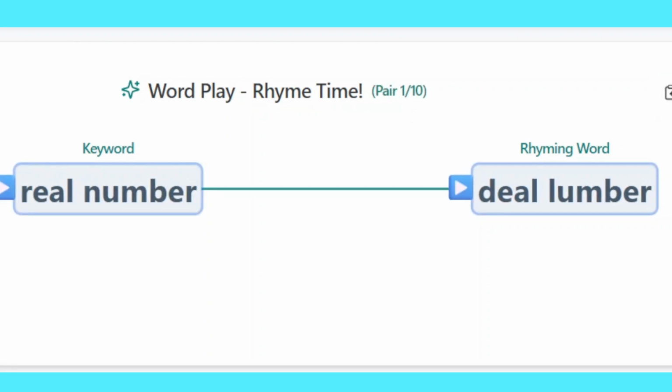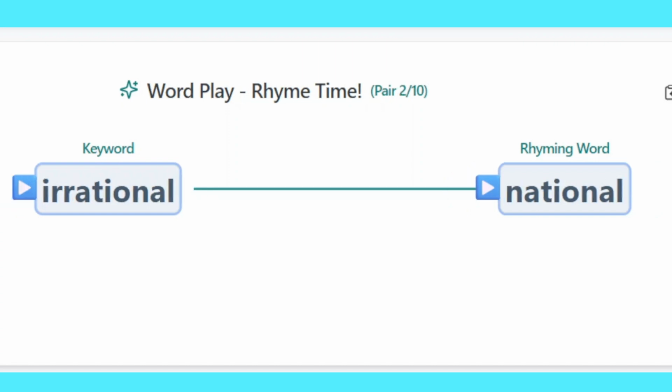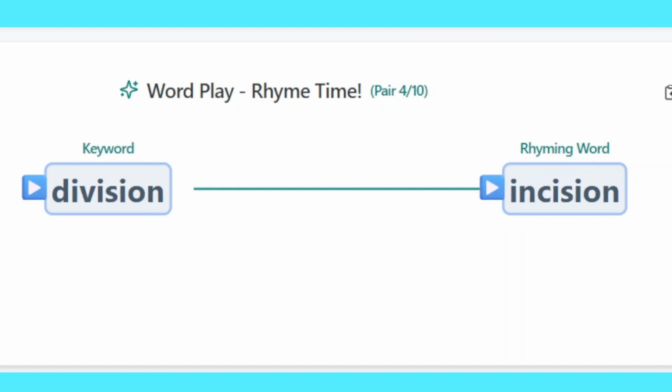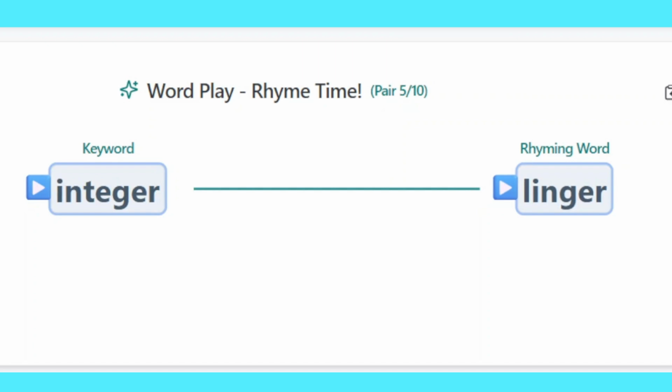Real number. Irrational. Rational. Euclid. Division. Integer.